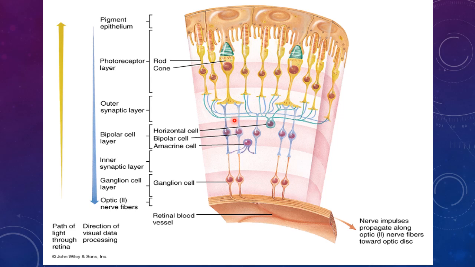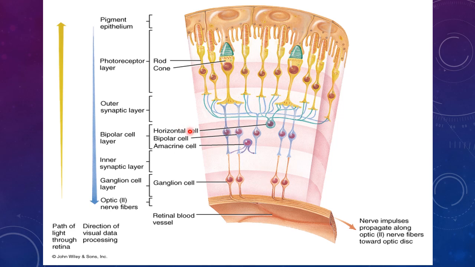So here, if you see the elements of the neural retina, there are the photoreceptor cells, which are the rods and cones. Then there are the direct conducting cells, which conduct the nerve impulses. These are the bipolar and ganglion cell layers.